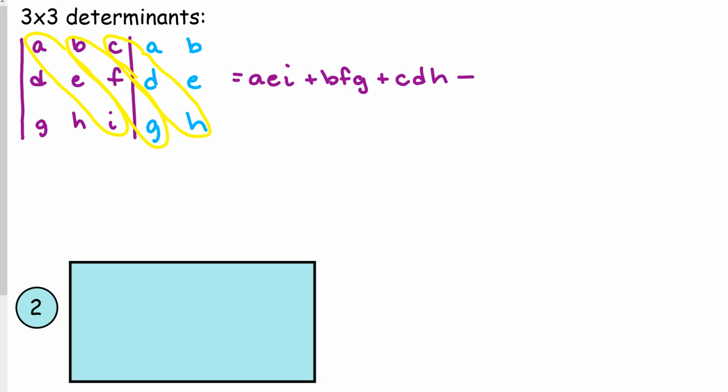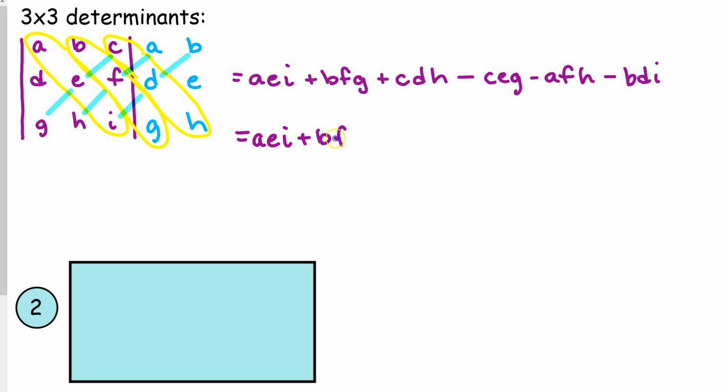So the diagonals going the other way would be C, E, G, A, F, H, B, D, I. So we have subtracting the product C, E, G, subtracting the product A, F, H, subtracting the product B, D, I. Now instead of writing it that way, we could show that we're adding the first 3 products together and then factor out the minus and add the last 3 products together and just subtract that final sum.